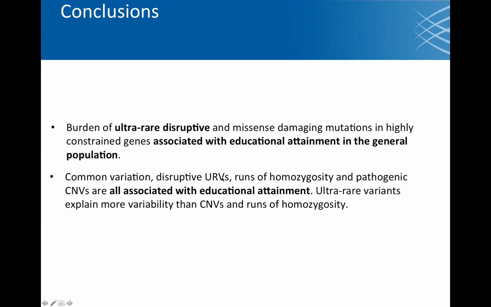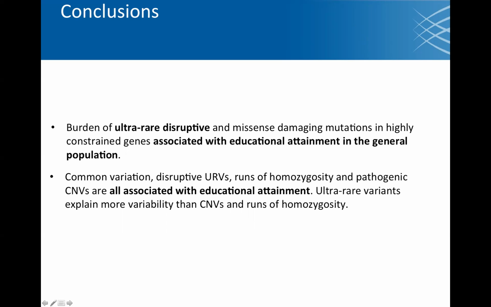Common variants, disruptive ultra-rare variants, runs of homozygosity, and pathogenic CNVs are all associated with educational attainment, and they all fit in this puzzle with different degrees of importance, in the genetic architecture of educational attainment.